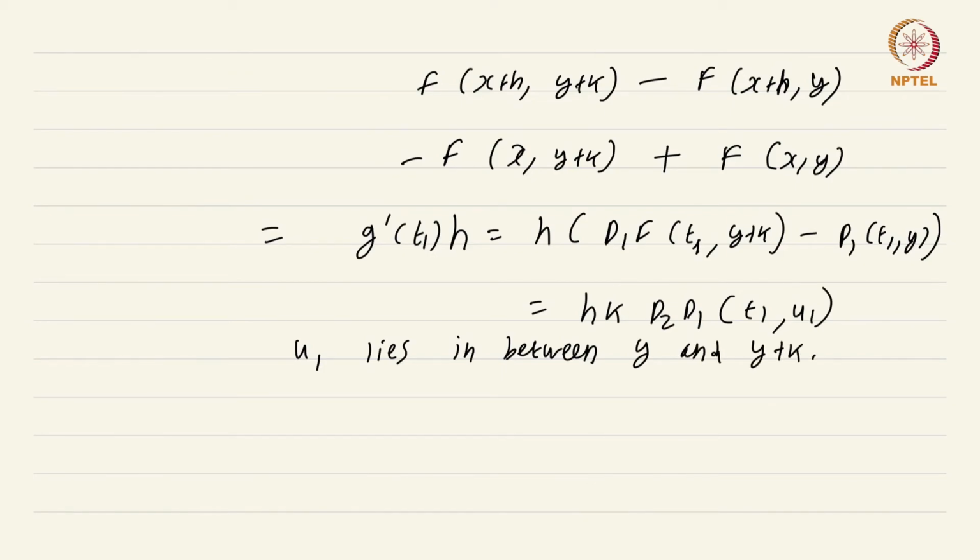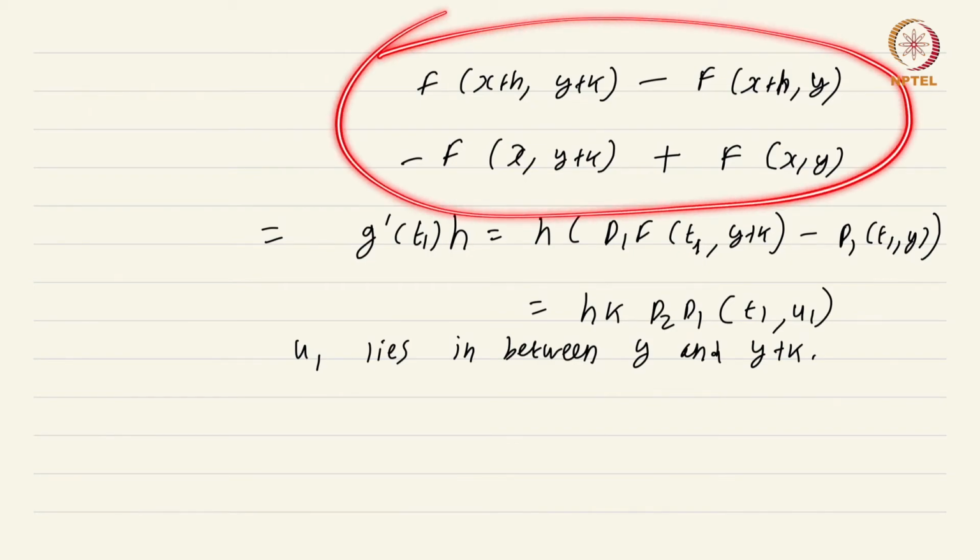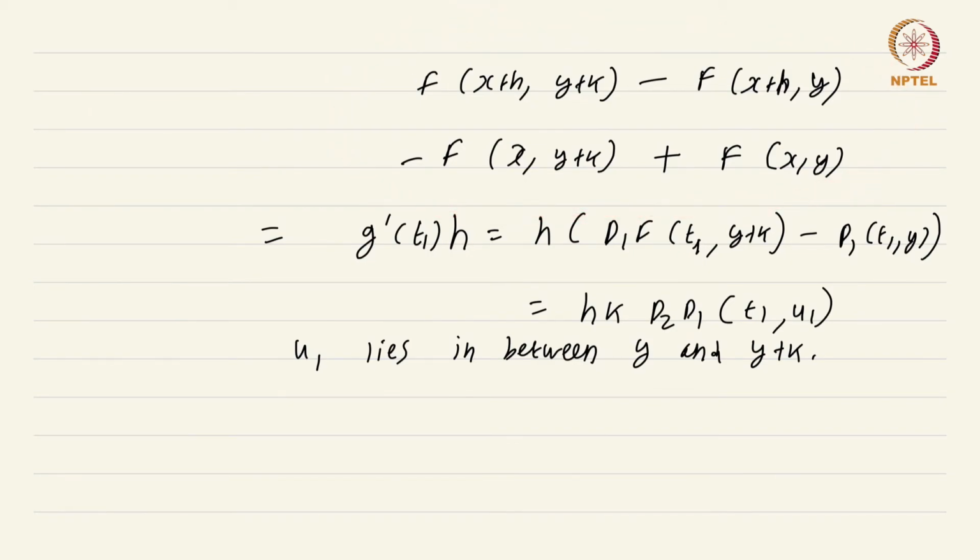Now what we are going to do is compute this complicated expression f of x plus h comma y plus k minus f of x plus h comma y minus f of x comma y plus k plus f of xy in a different way. We are going to consider the new function f of x plus h comma y minus f of xy.